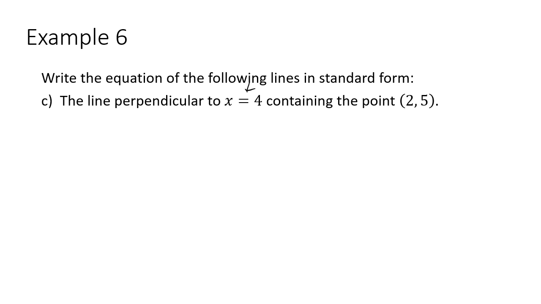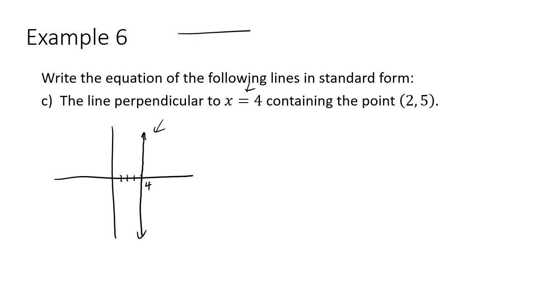So the line that we want to find something perpendicular to is x is equal to 4. x is equal to 4 would be a vertical line going through the x value of 4. So if we want something perpendicular to a vertical line, we need a perfectly horizontal line, right? Horizontal lines and vertical lines are perpendicular to each other.